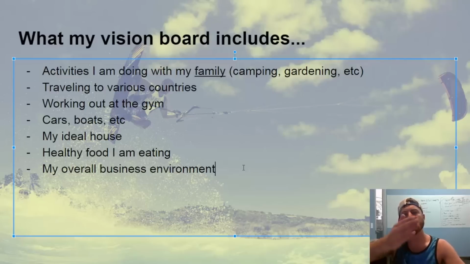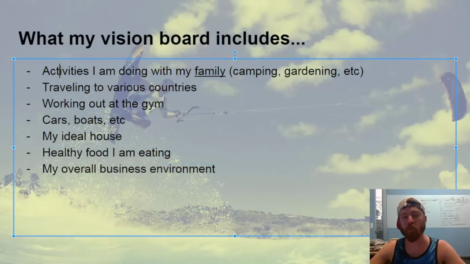If I need to raise more investment for the company, I'd rather be more of a figurehead of the company than actually running the day-to-day. And I'd love to have a lot of employees as well, and I think that would be a really cool environment. These are all parts of my vision.